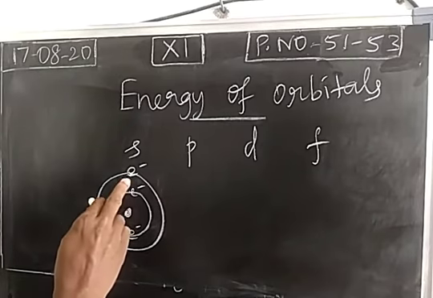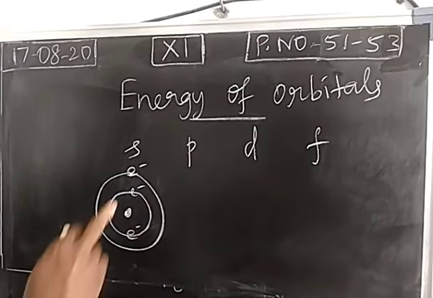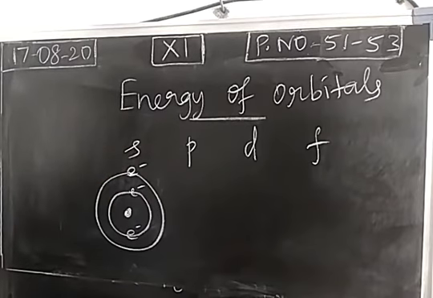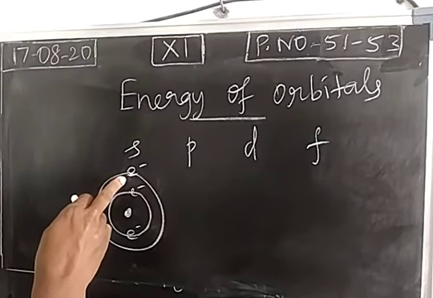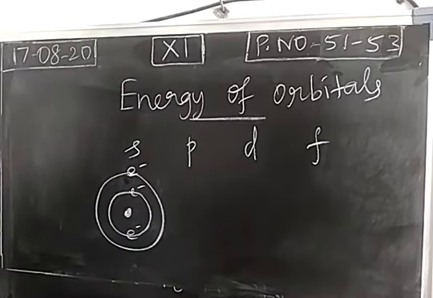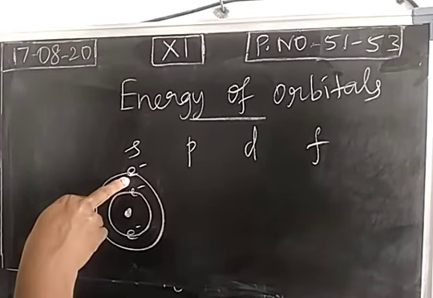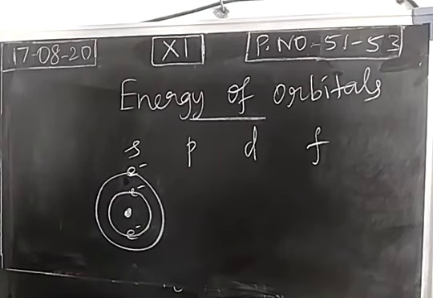When we consider this electron, the proton present in the nucleus will attract this electron, and at the same time there will be a repulsion between this electron and these two electrons. Both are acting in opposite directions, so the net nuclear charge experienced by this electron is called effective nuclear charge.